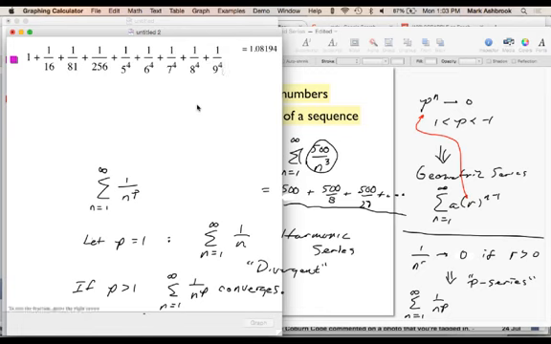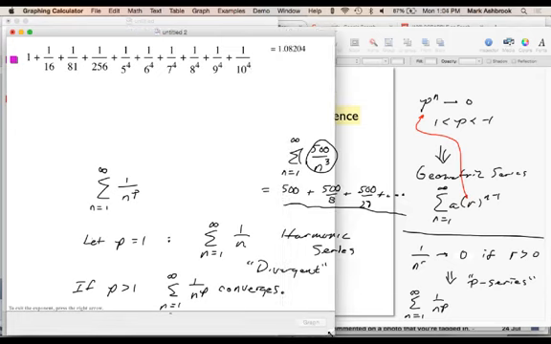One more. 10 to the 4th. So it looks like it's 1.082 something. So if you're satisfied with 3 decimal places for this sum, it's 1.082. Because these terms are getting small quick, right?